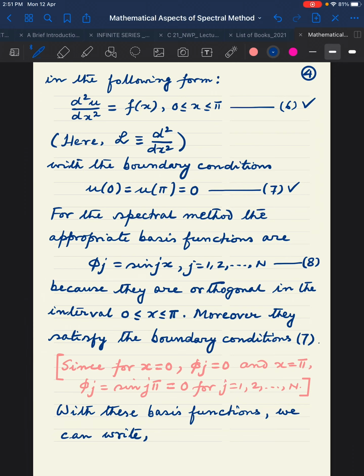So let us start the spectral method. First and foremost point is to find appropriate basis functions to solve this equation. It is an important point for the spectral method, to choose the appropriate basis functions.